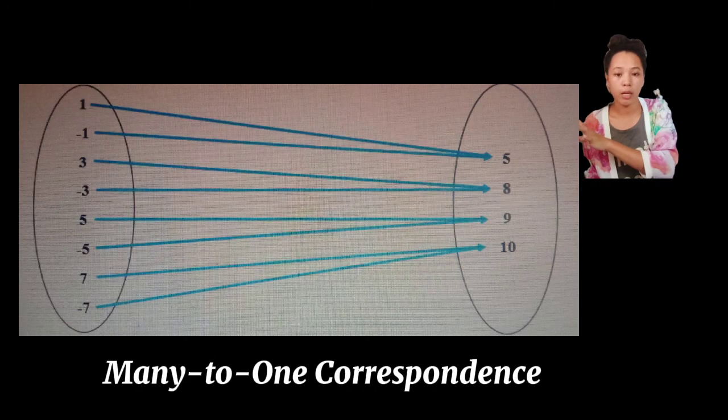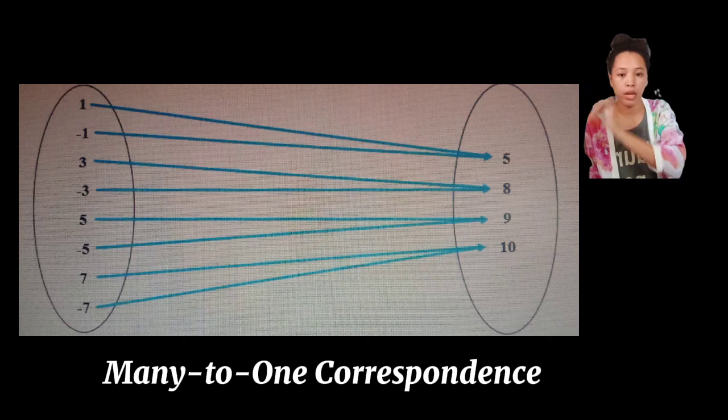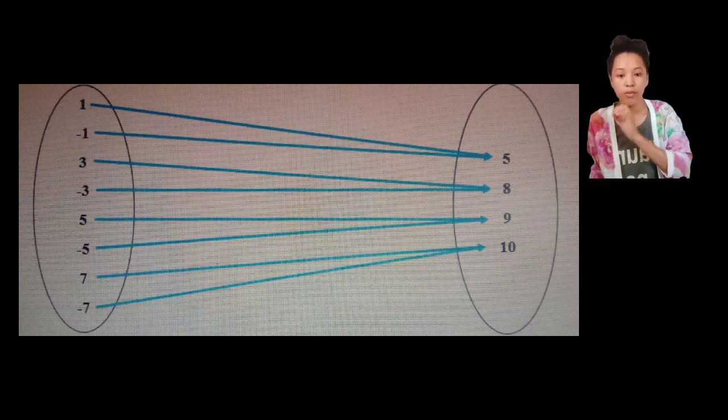Yung many-to-one correspondence naman is a function or mapping that takes the same value for at least two different elements of its domain. So, katulad itong example na to. Sa x-coordinate natin, meron tayong 1 and negative 1, 3 and negative 3, 5 and negative 5, and 8, negative 8.